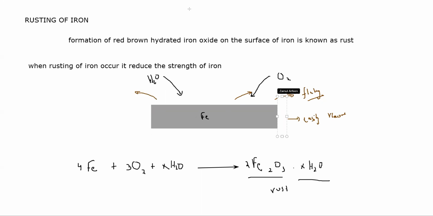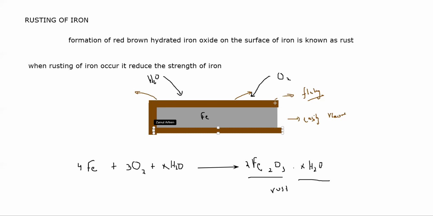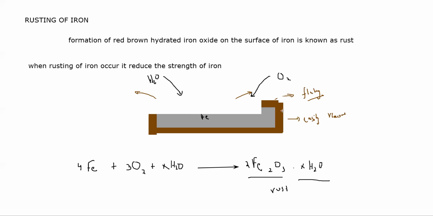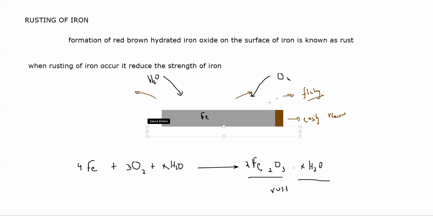That will also develop a hydrated iron oxide layer, and that will also rust. Then this layer also tears or peels off from the surface. So it is reducing the strength of iron, and you will reach a time when you are not left with any iron. All the iron is converted into hydrated iron oxide. So that's why rusting of iron reduces the strength of the iron.